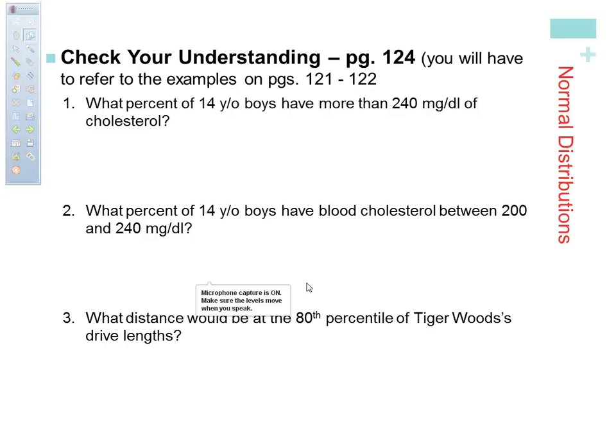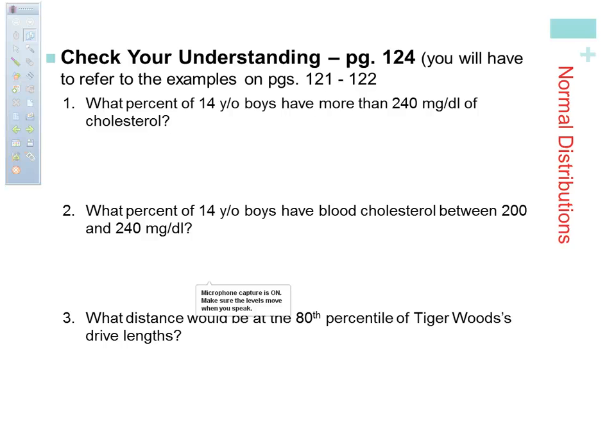And that's another normal distribution that we use, 14-year-old boys, it looks like. So take a look at the check your understanding there and see what you come up with. Maybe we can use this to talk about your calculator a little bit also.